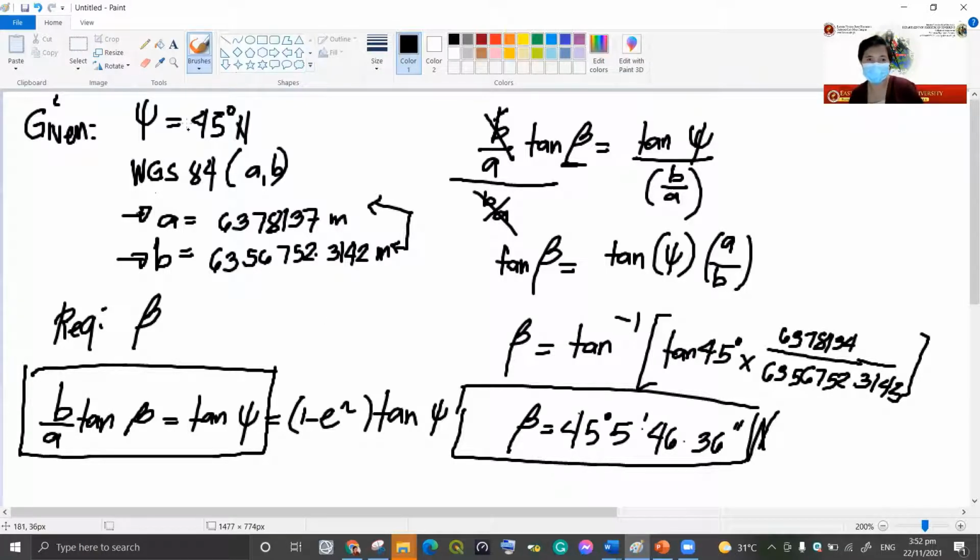Look here, if the geocentric is 45 degrees, the corresponding value of the reduced is 45 degrees, 5 minutes, 46.36 seconds, which is greater. The reduced latitude is bigger because it is based on a sphere, so its angle is larger. So the reduced latitude is greater than the geocentric latitude. Okay? I think we can proceed to the next question.